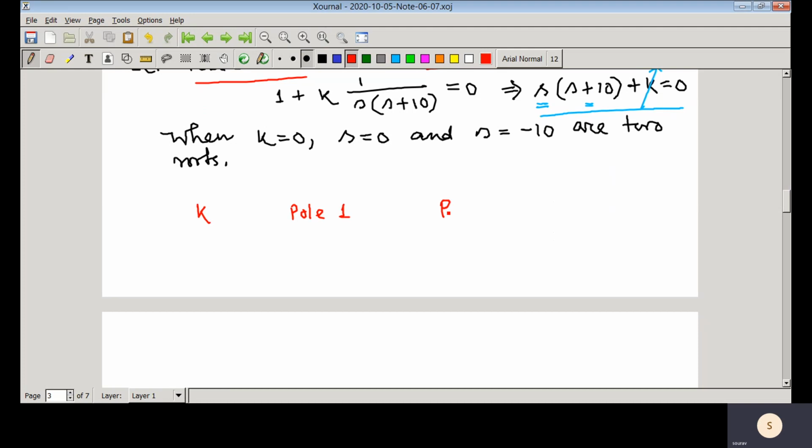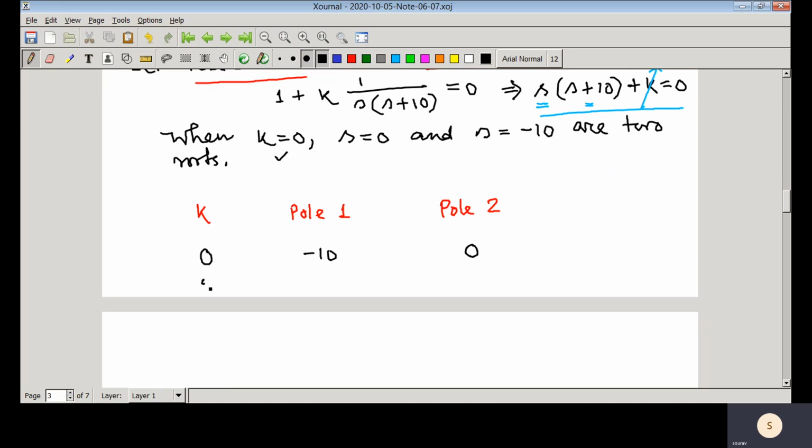So when k equal to 0, pole 1 is minus 10 and pole 2 is 0.